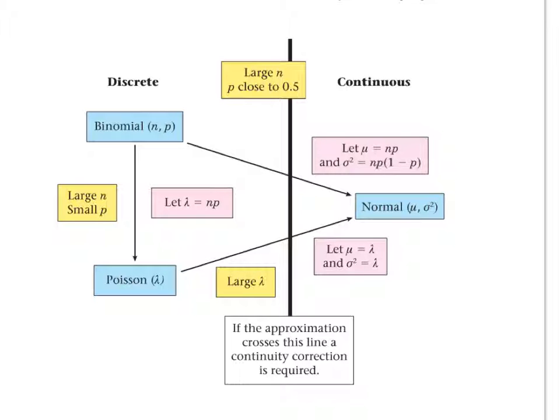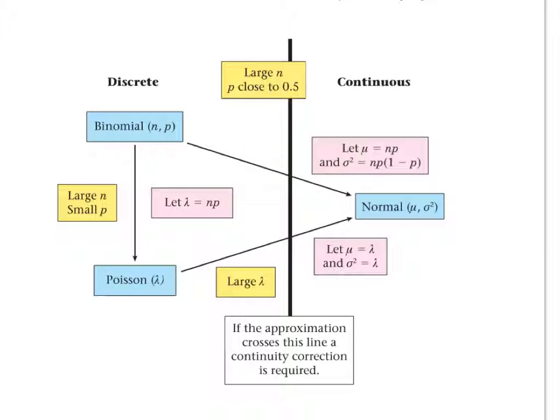And that's when we said we've got a large n and p close to 0.5. If we've got a large lambda, then Poisson can be approximated by a normal, and we get both our values, mu equal to lambda and sigma squared equal to lambda. So that's actually quite a nice summary of what we've done so far.